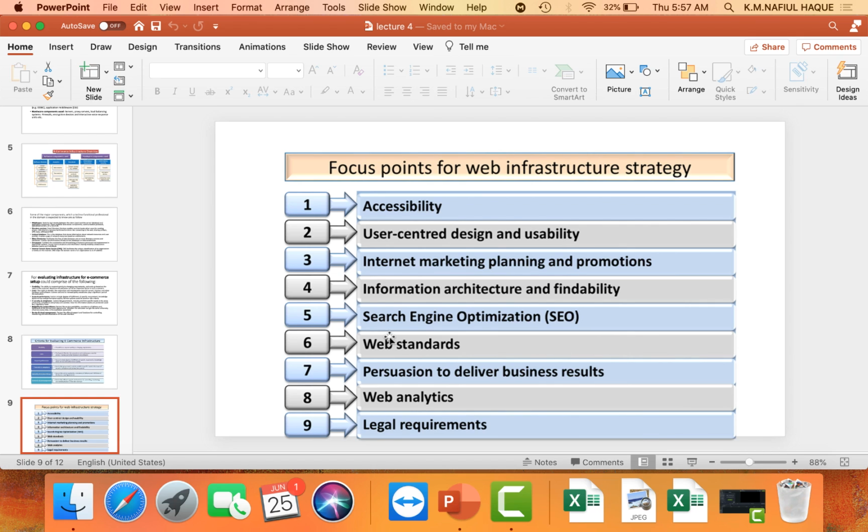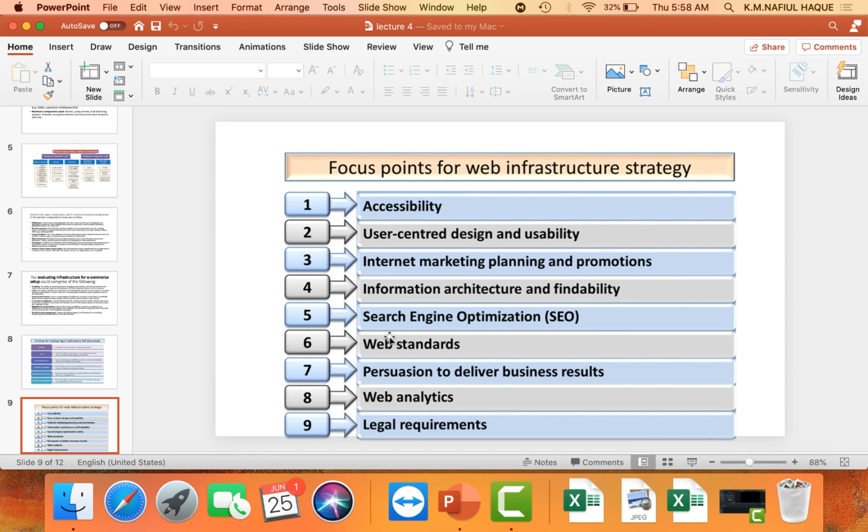Search engine optimization: there are different types of people with different needs on the web. How can your business be found by the right people?